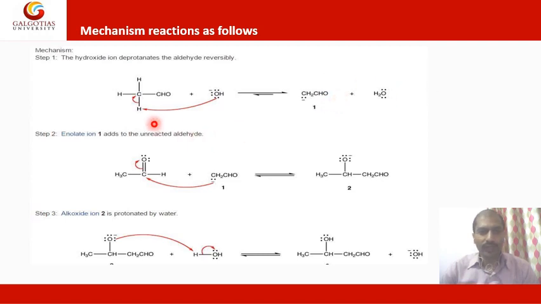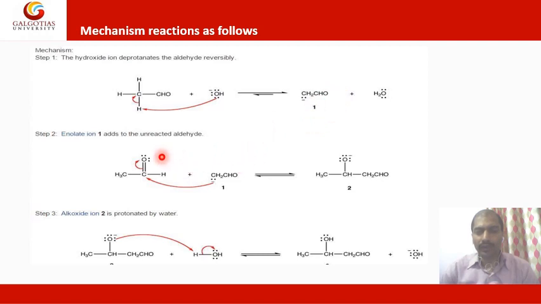In the second step, the enolate ion, because this is called an enolate ion, adds to the unreacted aldehyde. So this will react with another molecule of the same aldehyde, with the same carbon content.